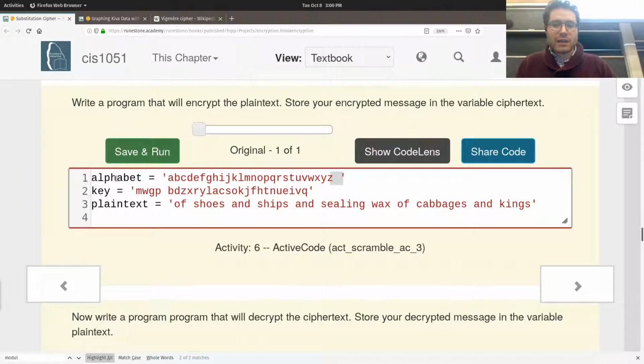But here, the idea is that let's take this key, and what we can do is translate our inputs and outputs. It doesn't have to be A through Z up on the top, but it can be whatever I want on the bottom, so long as I don't have any repeats.